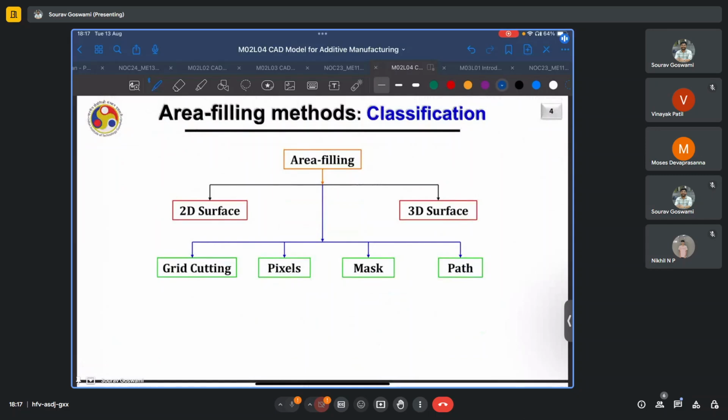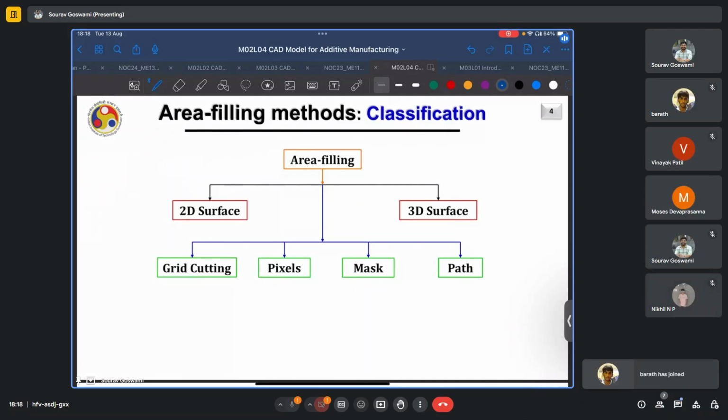Now, area filling methods are available for both 2D and 3D surfaces. Of course, for 2D surfaces, they're well developed and well studied. In most cases, they are very well optimized. Whereas for 3D surfaces, it is still a work in progress and it is up and coming. So, as technologies progress, as researchers like you and I devote greater efforts toward developing such methods, they'll gain prominence.